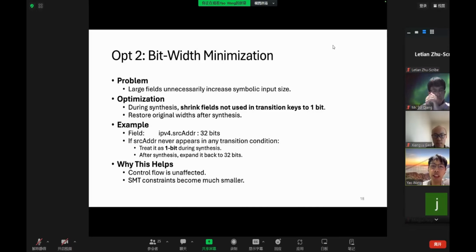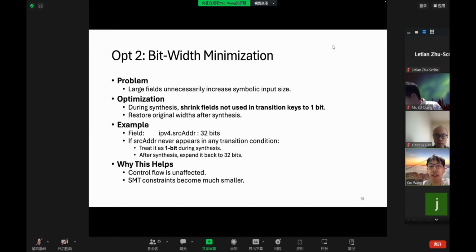Even after pruning key bits, field widths themselves can still dominate solver complexity. Many packet fields are large, like IPv4 addresses are 32 bits and IPv6 addresses are 128 bits. But often they are never used in control decisions. So the question becomes: if the field does not influence the control flow, why reason about its full width?